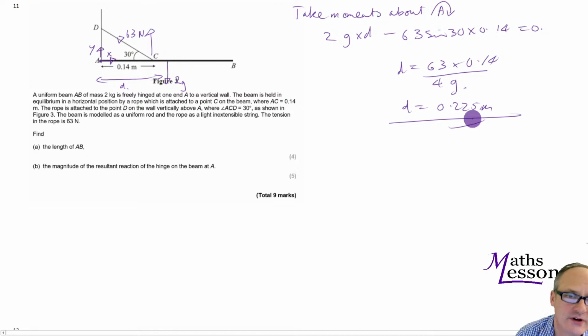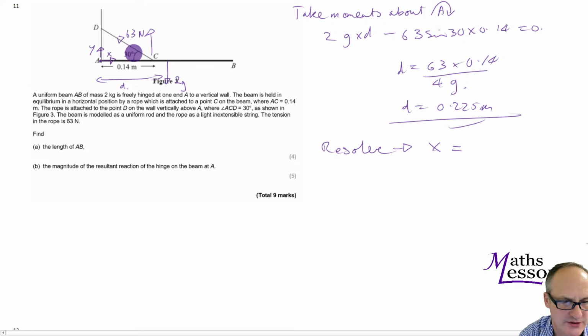Right, moving on. We want to find the magnitude of the resultant of the reaction of the hinge on the beam at A. So if we resolve horizontally, then X will just equal the horizontal component of the 63, because the weight and the Y just act vertically.